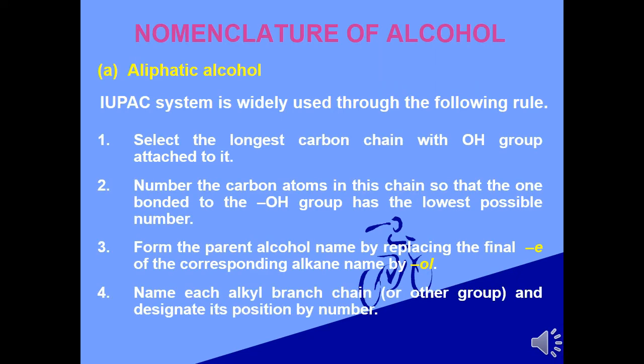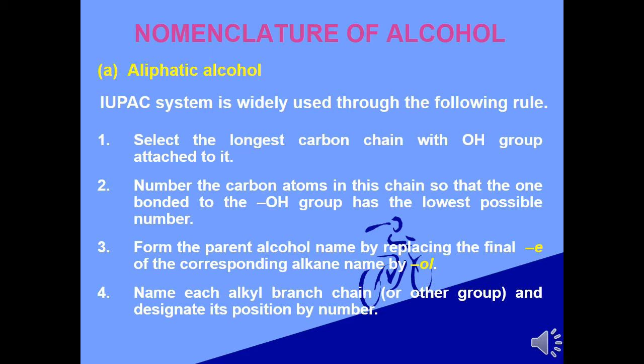Okay, next, nomenclature of alcohol. First is aliphatic alcohol. The IUPAC system is widely used through the following rules. First is select the longest carbon chain with OH group attached to it.